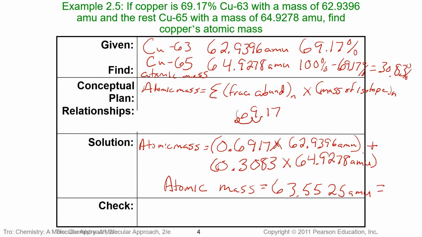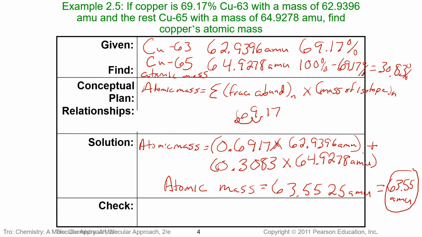We're limited to 4 significant figures because of our abundances. So that's 63.55 atomic mass units.